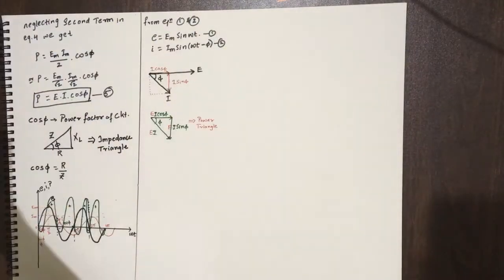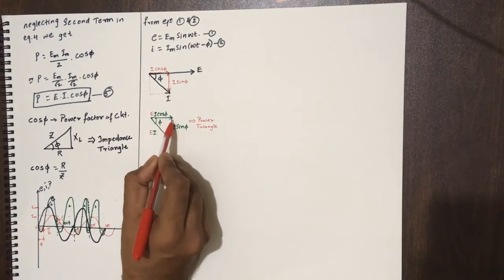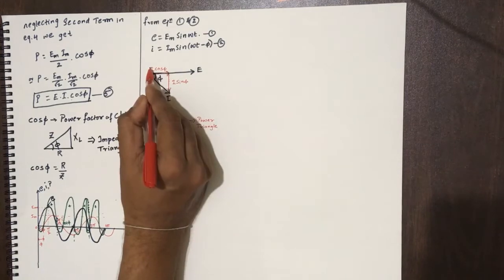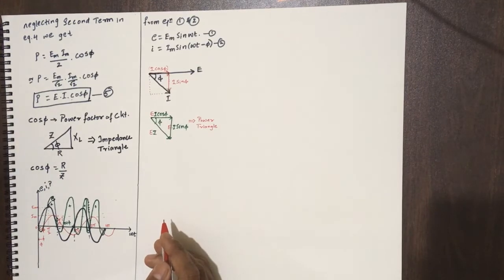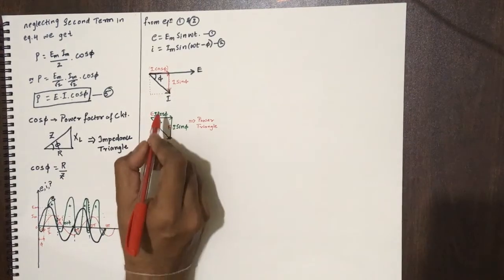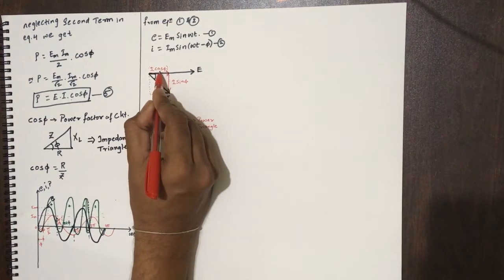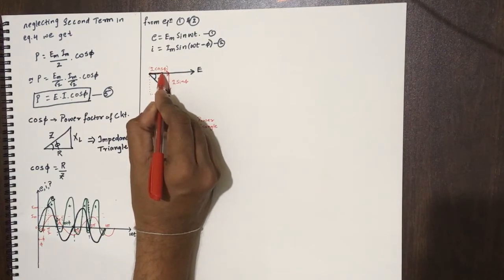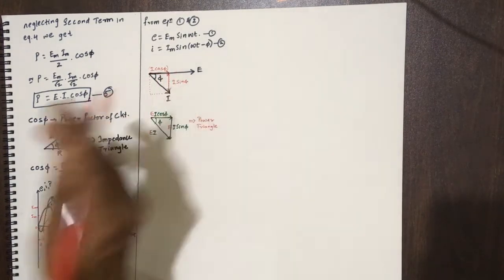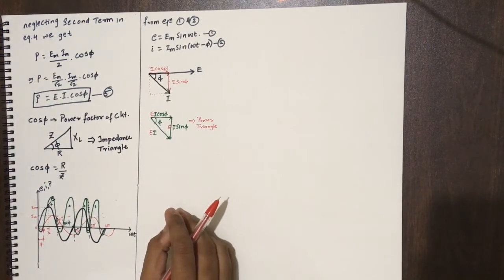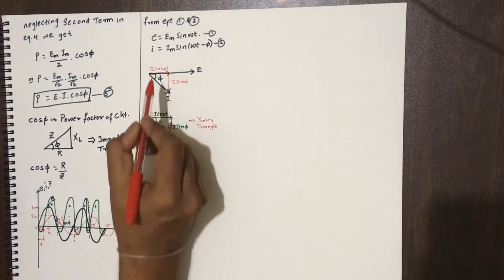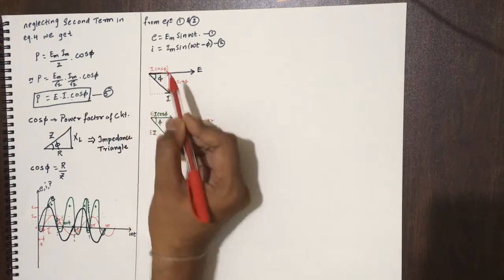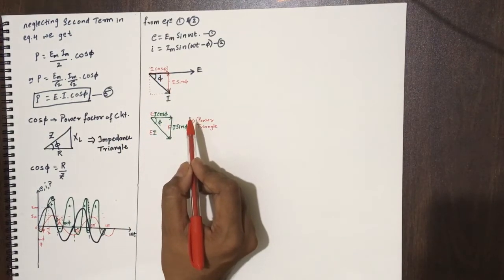Therefore, the component I cos phi is in phase with voltage E. This current I cos phi is responsible for the energy consumption or power dissipation, for doing work in the circuit, because power is always consumed to do certain work.